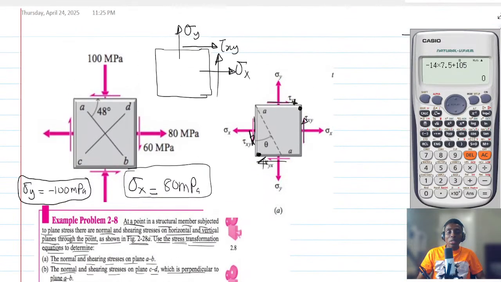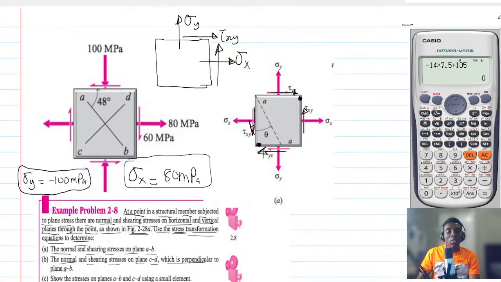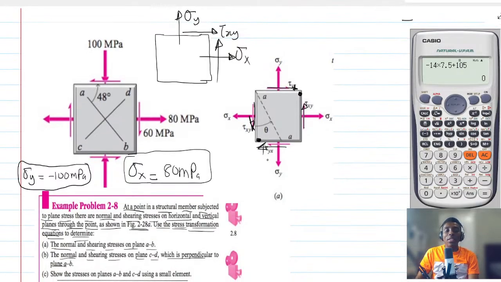How about the shear stress? So the shear stress is also going to be what? If you look at it carefully, the shear stress tau xy is not meeting at the corners, but it is meeting at this side, so that will be negative, so minus 60 megapascal.